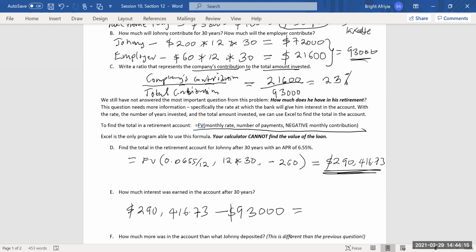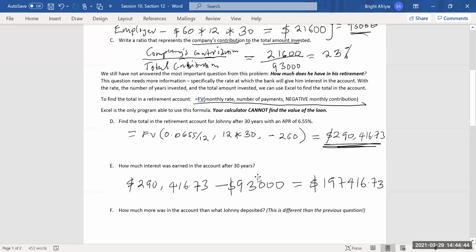Are you Gucci? All right, so this is the interest at the end of the period. So 197,416.73. Okay, so that's the interest that accrued over 30 years for Johnny.